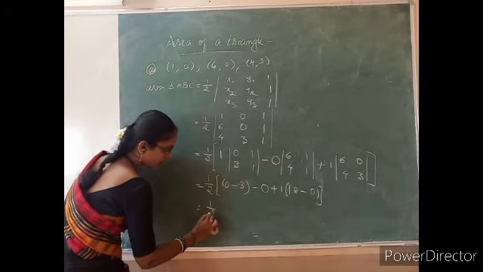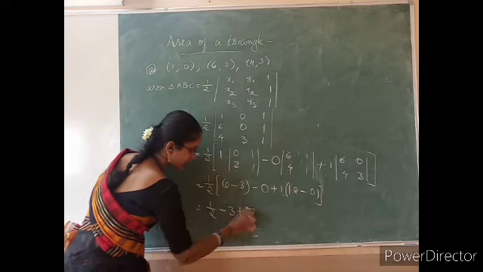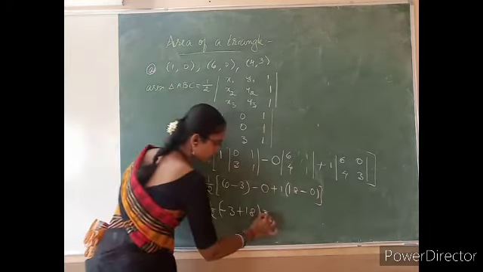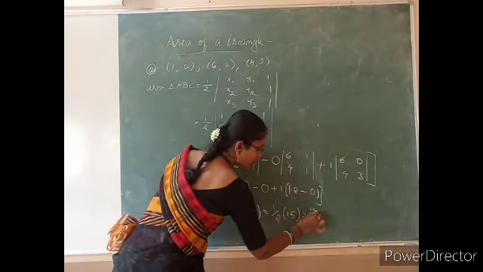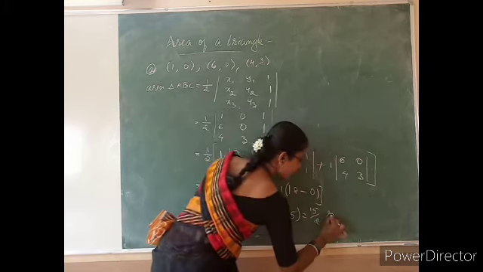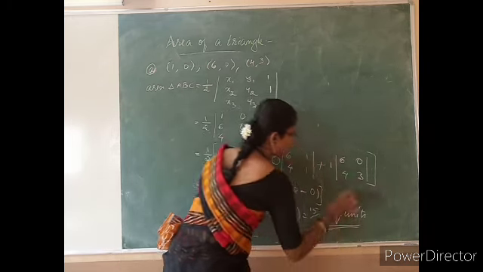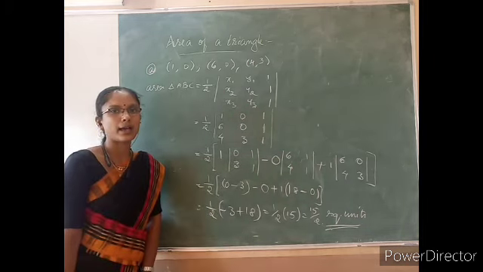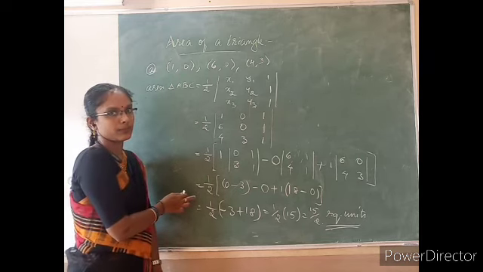So 1 by 2, this is minus 3 and plus 18. Minus 3 plus 18 is 15, so this is 1 by 2 into 15, or 15 by 2 square units. So this is the area of the triangle whose vertices are (1, 0), (6, 0) and (4, 3). This is the direct question. Okay.